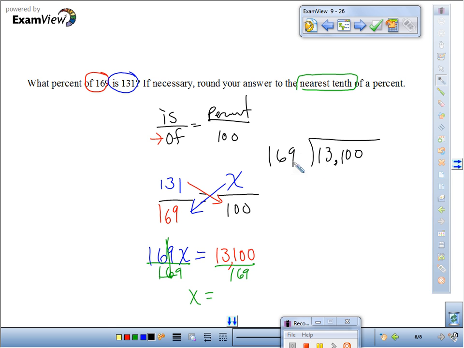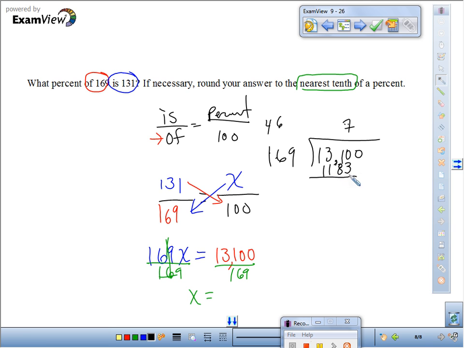So let's see. Does 169 fit into 131? No. How about into 1310? Yes. So I'm going to say, let's try 7. Let's see. 7 times 9, that's 63. I got 6. 7 times 6, that's 42, plus 6, that's 48. I got 4. 7 times 1 is 7, plus 4, that's 11. Let's see.